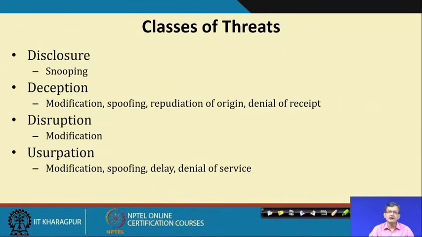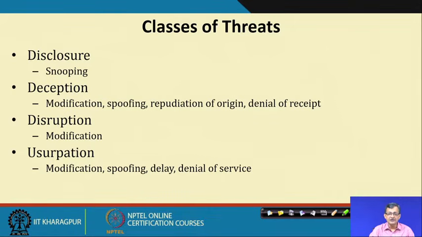And if you look at the types of threats, one is disclosure, that is snooping. Then deception: modification, spoofing, repudiation of origin, denial of receipt. There is a threat of disruption of services, and there can be a threat of usurpation: modification, spoofing, delay, denial of service.